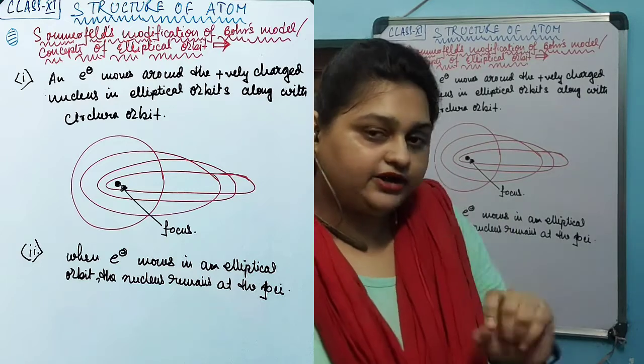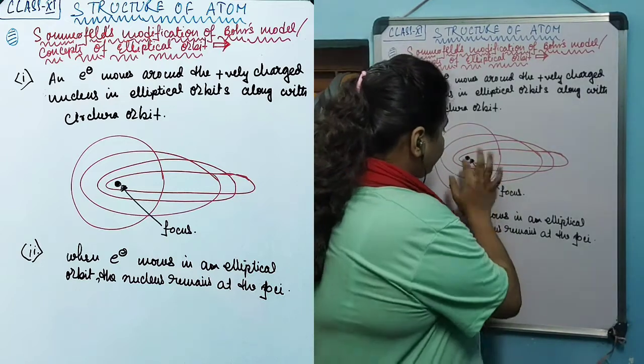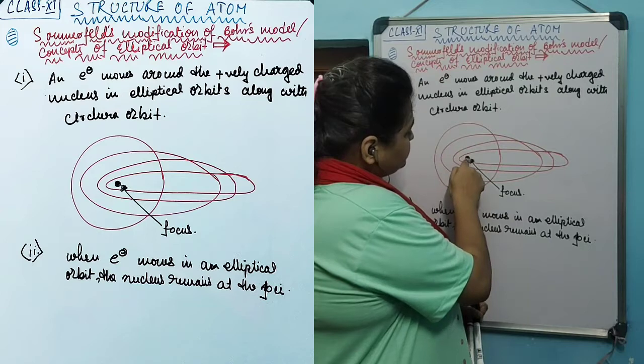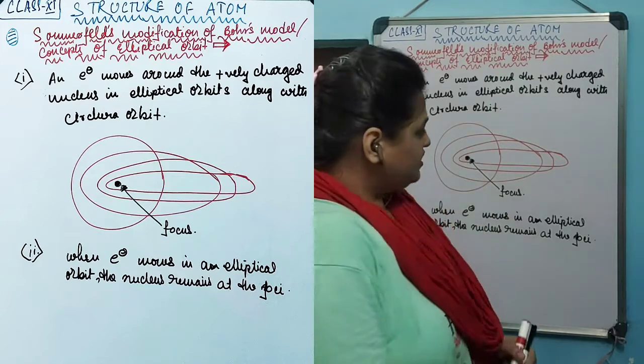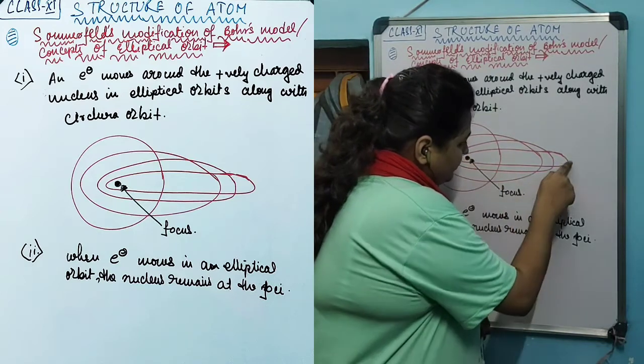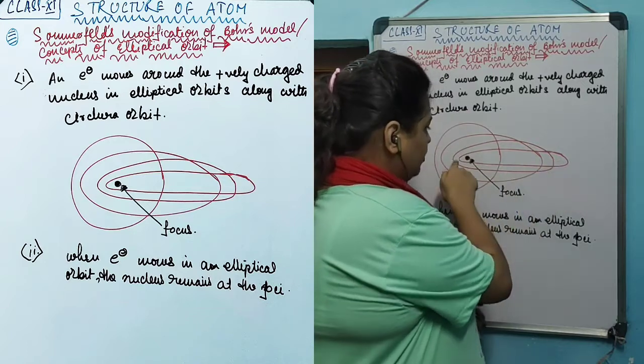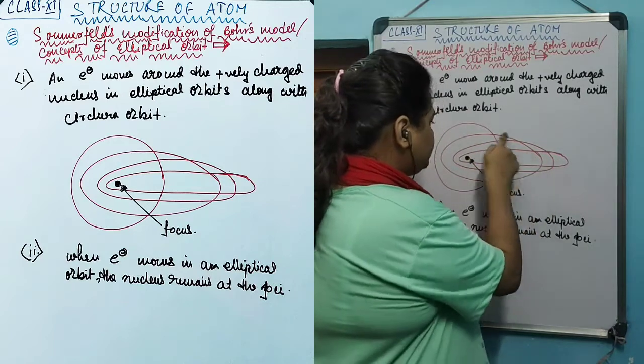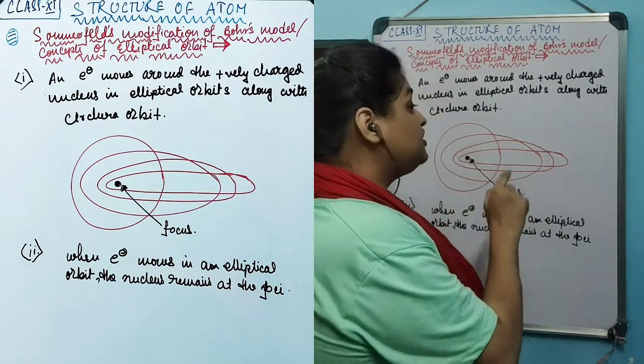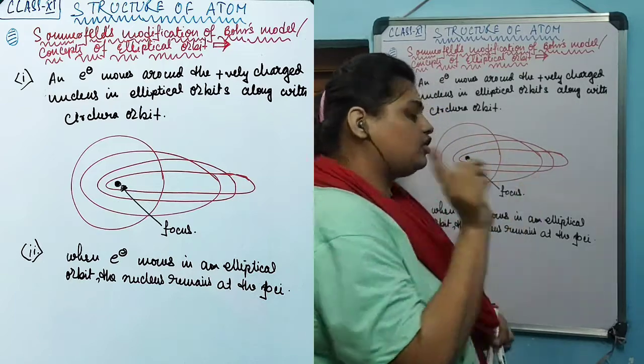What he tried to say is that when the electron is moving around the nucleus, it can move in this elliptical orbit, this elliptical orbit, this elliptical orbit also, along with this circular orbit.